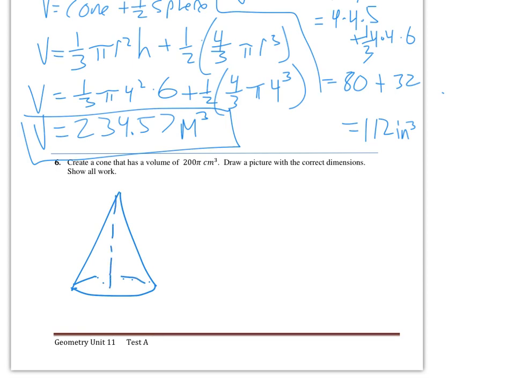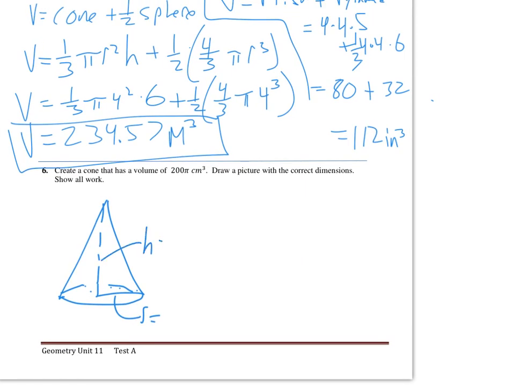We're going to need two things: the radius and the height. So first of all, volume of a cone is 1/3, and then pi r squared is the base, times the height. Now you need to pick one of these.